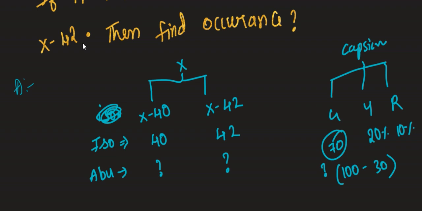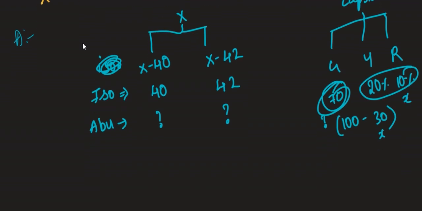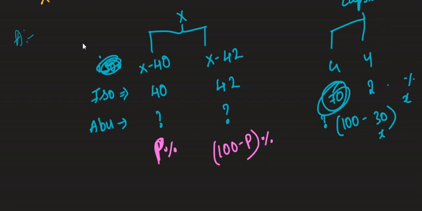That means if yellow and red together are x, then green must be 100 minus x. In the same way, out of 100, if X40 is some p percentage, then the other must be 100 minus p percent. If you're getting confused, I will remove the red color.